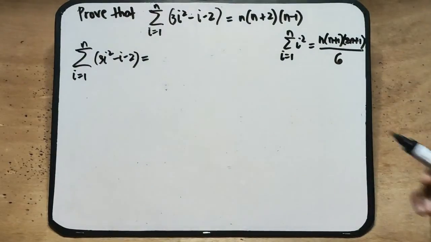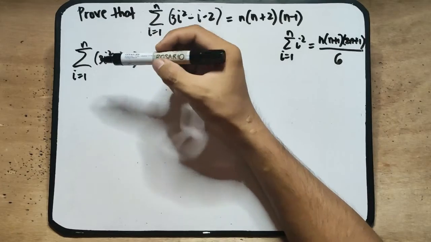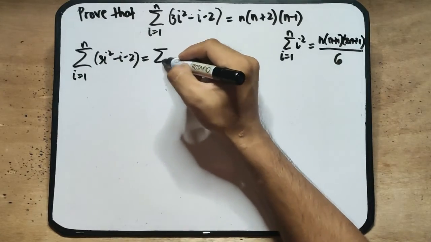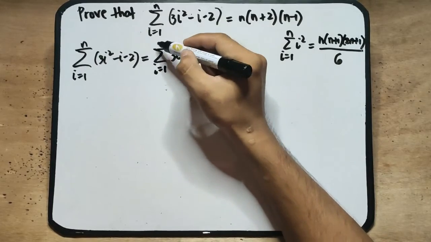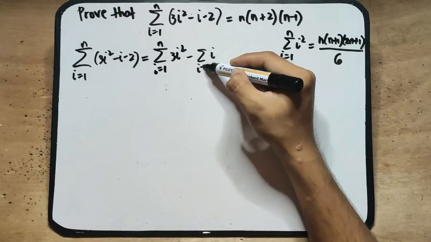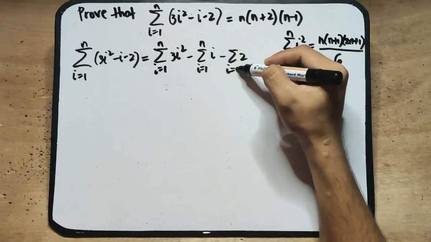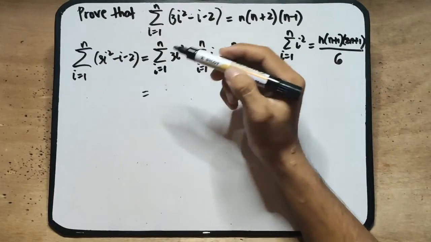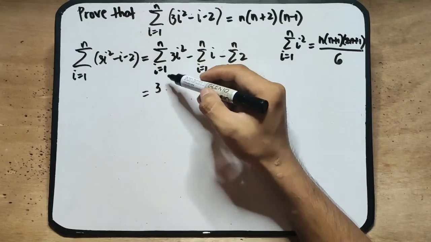So, paghihiwalay natin sila, bibigyan natin sila ng kanya-kanya nilang summation symbol. So, we have the summation of 3i squared from 1 to n and the summation of I from 1 to n and the summation of 2 from 1 to n. So, since may constant term dito, pwede natin siyang ilabas.